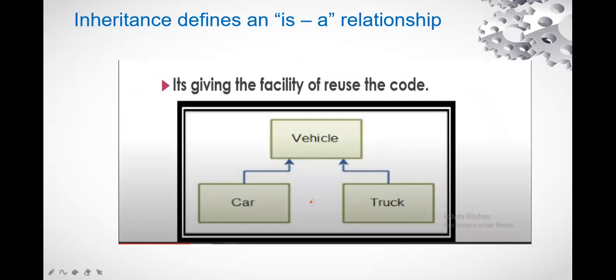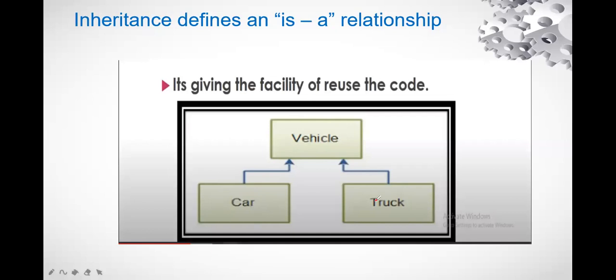Now see, we were talking about this. Now we can see an example: we have a class called vehicle. Car is also a vehicle and truck is also a vehicle. There are many features and attributes which are common to vehicle, which are inherited from the vehicle class, and the methods are also from the vehicle class.